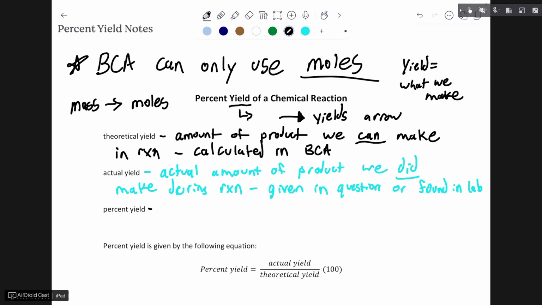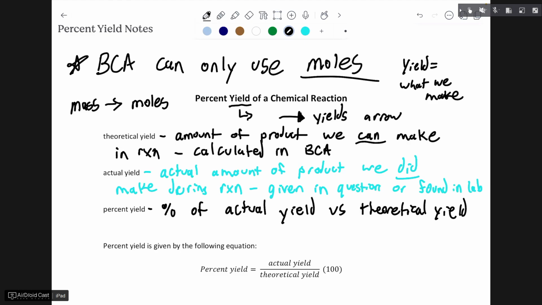So that brings us to our final type of yield, which is called a percent yield. What a percent yield is, it is a percentage calculation of our actual yield versus our theoretical yield. So what we're doing here is we're comparing those two numbers to each other, and it kind of gives us an idea of how well we did the lab.